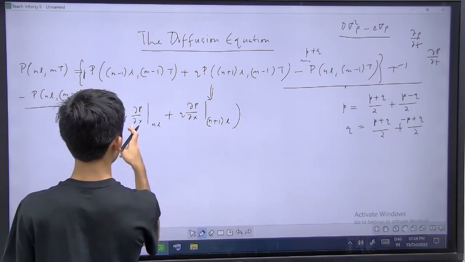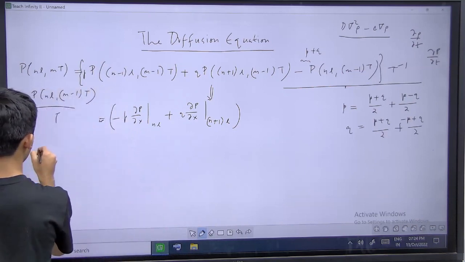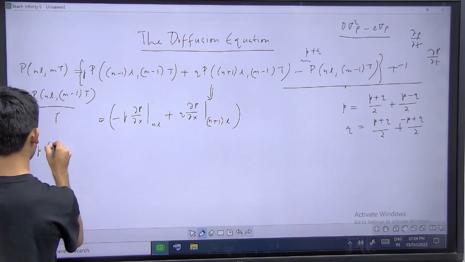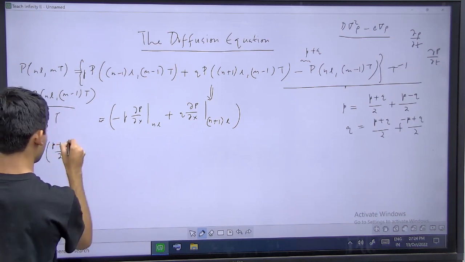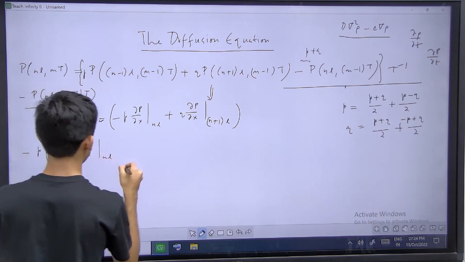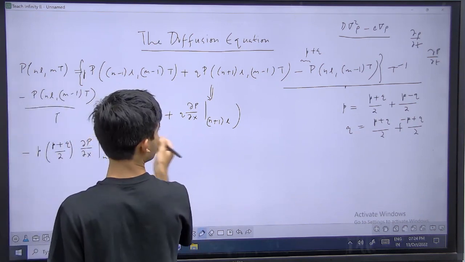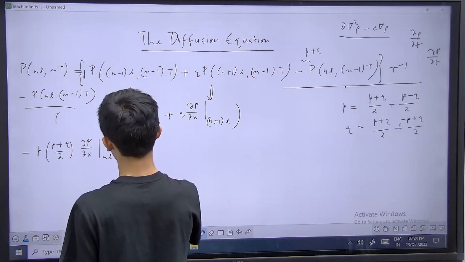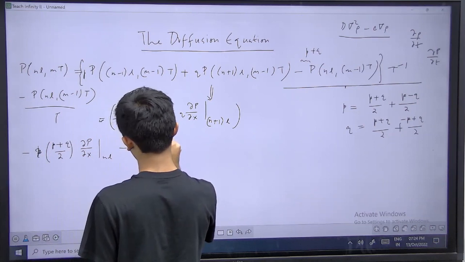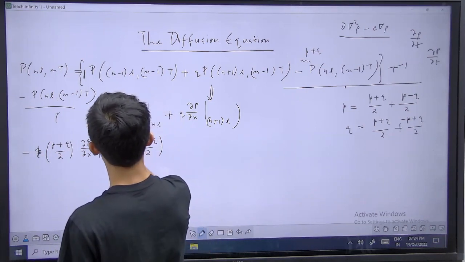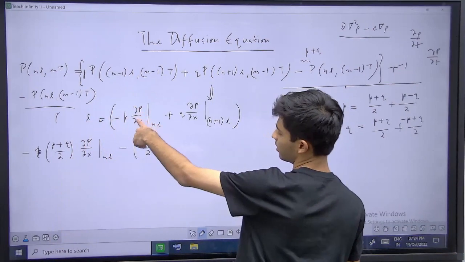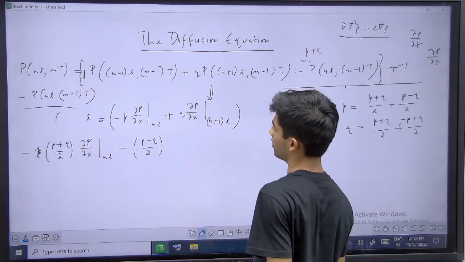So this becomes minus P times (P plus Q)/2 del P by del S at n, minus, oh sorry, (P minus Q)/2, and this was all multiplied by L. Please don't forget that. When we had taken the first derivative, we had multiplied by L.